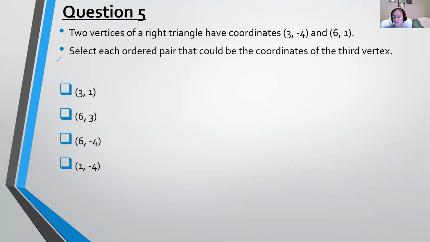Now, there's different strategies that you guys can use to solve this, but me, I'm a very visual person. So when I solve problems like this, I either, 1, like to get a piece of graph paper and plot these points myself, or 2, use an online graph paper called Desmos to graph my 2 points, because I need that visualization.